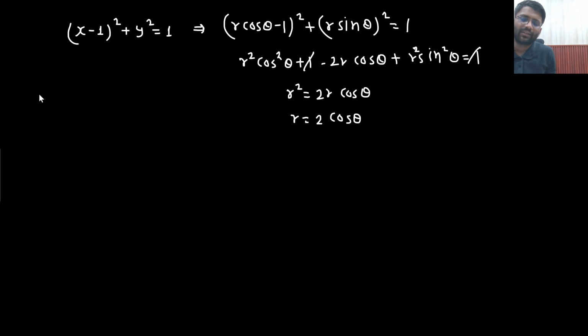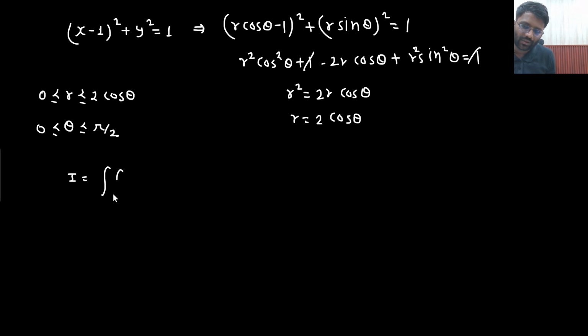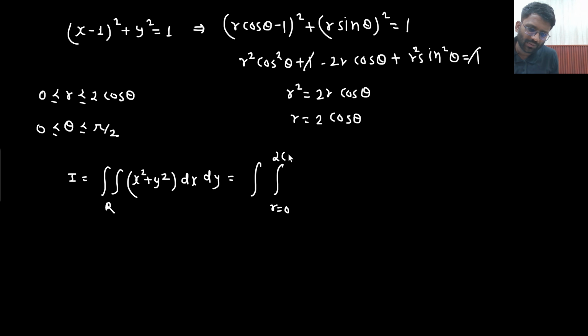So what did you understand? The limit of r is going from 0 to 2 cos theta and theta is going from 0 to pi by 2. And there you go. This is the integral that I am supposed to calculate over the region R, x square plus y square dx dy. So what will you get? r is going from 0 to 2 cos theta, theta from 0 to pi by 2, x square plus y square is r square, r dr d theta.